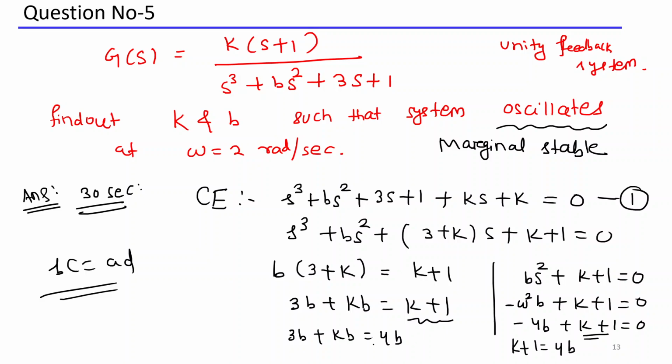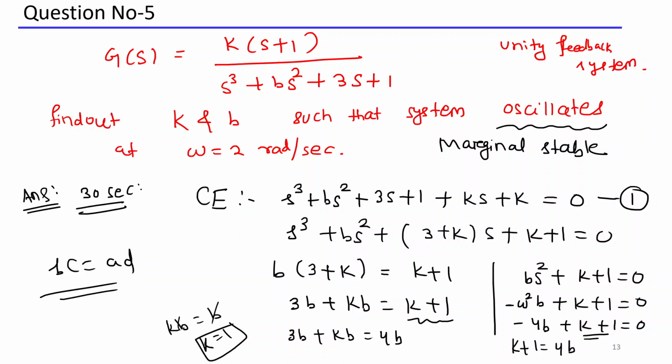Now you find out kb equal to how much? 4b minus 3b is b. So kb equal to 1, and now you can find out k equal to 1, b gets cancelled, right? Now you put k somewhere and find out the b value. This is simply mathematics.